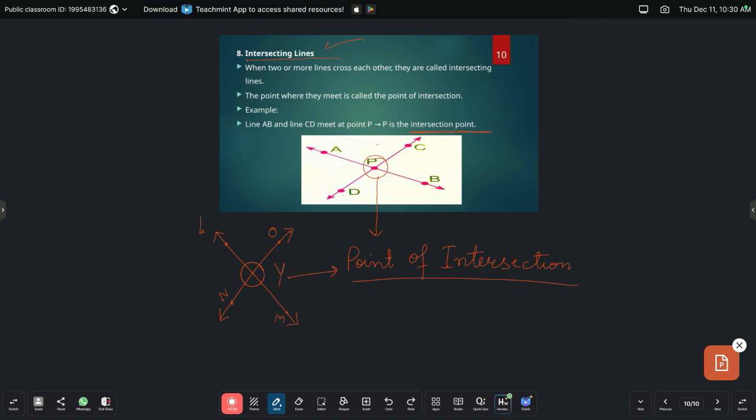Y is the point of intersection, or we can say Y is the intersection point of these two lines. Got it? Is it clear to you? I hope so.